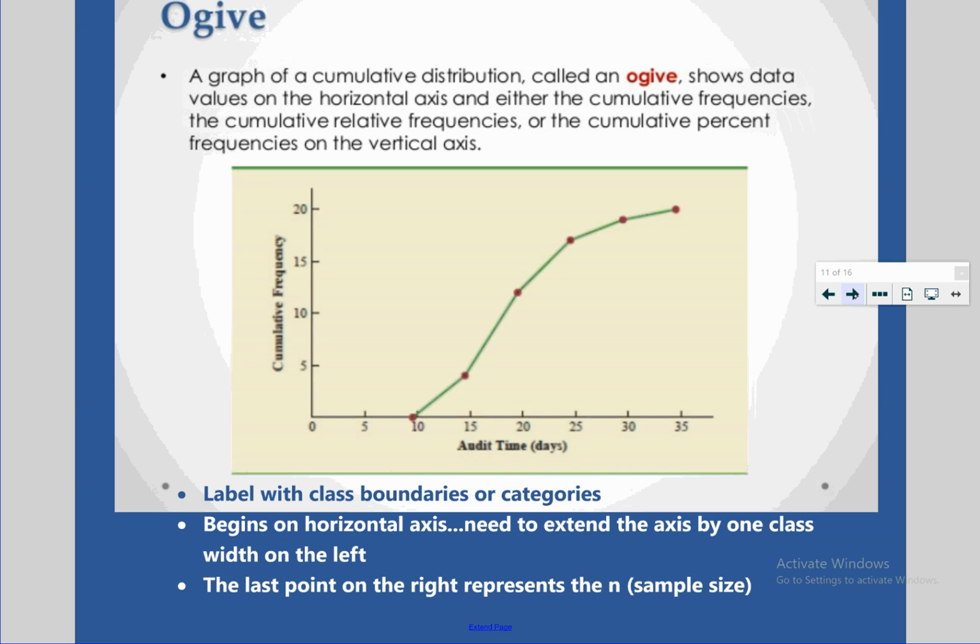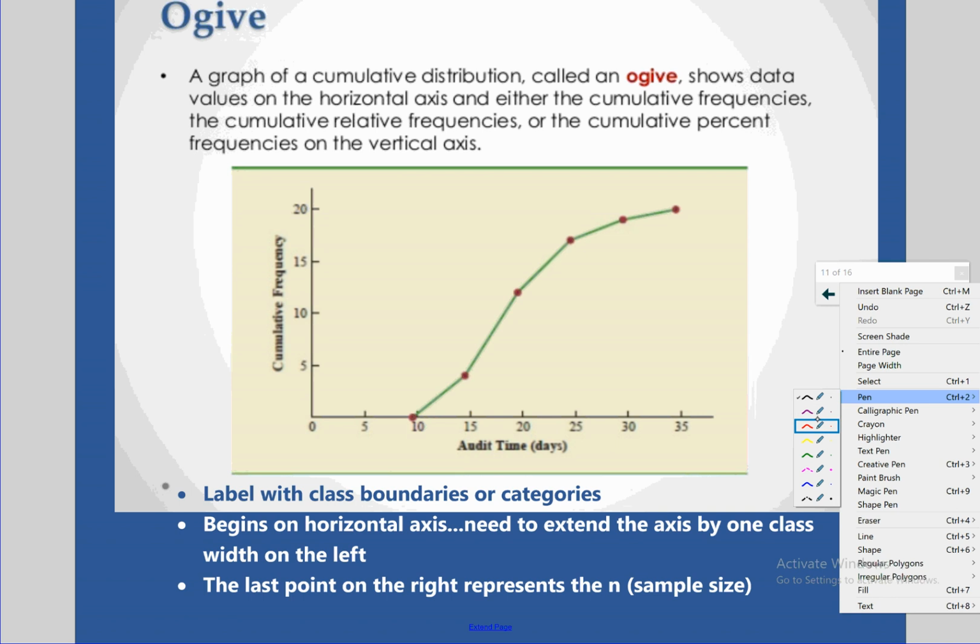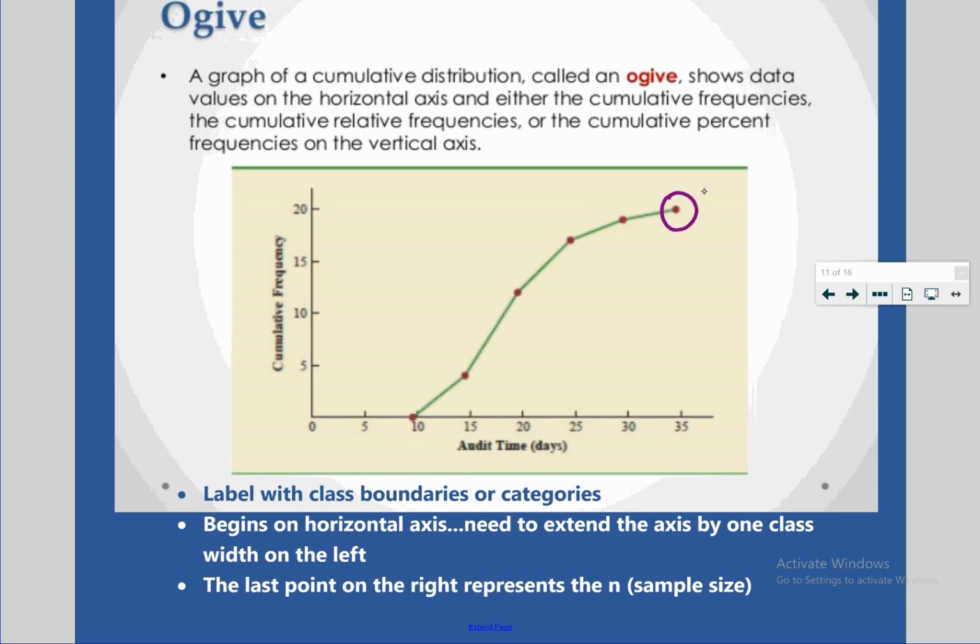Again, it's going to start on the x-axis, and then it's just going to continue increasing. The parts where it's steeper show a faster increase, a greater jump in the frequencies, and ultimately where it ends at the top, that value should always be your n, where n is the number of data values in your set.